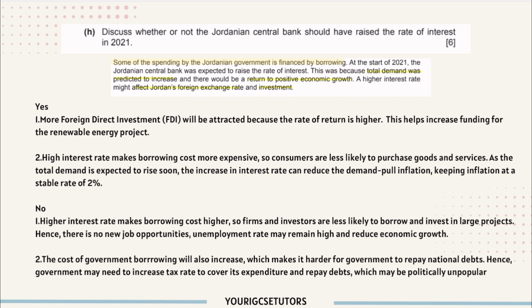They need to find money from somewhere else, which is most probably from taxpayer money. They will need to increase tax rate. So this may cause repercussion. For example, people may go to protest because the tax is really high. So yeah, this is politically unpopular, which is not good to do, because this will make the people in the country suffer more.